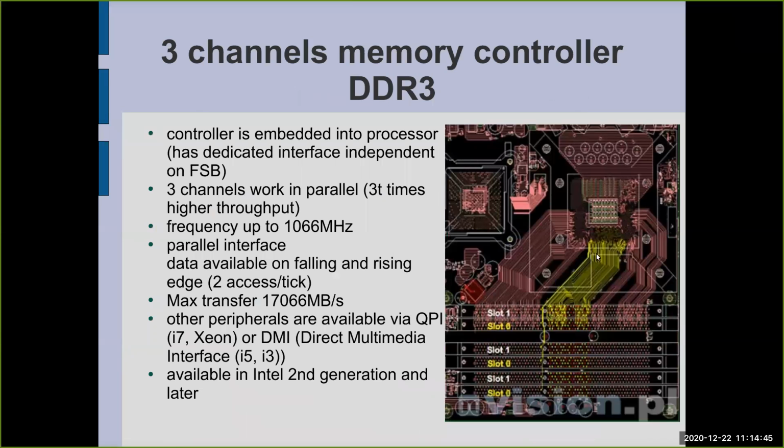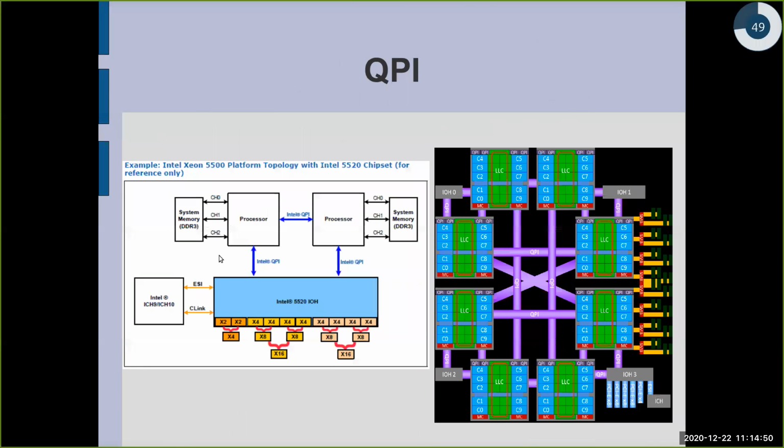So the final slide is about the memory controller. Look, the memory can be handled directly by the processor controller, so the controller is embedded into the processor. Server processors have up to 3 channels, so they can read and write data using 3 channels at the same time.